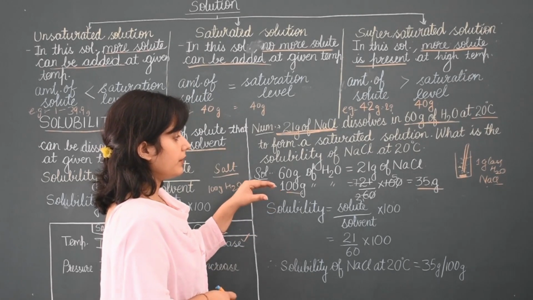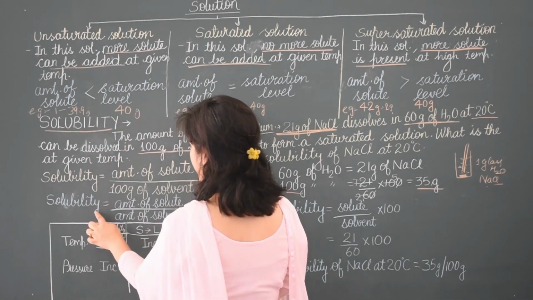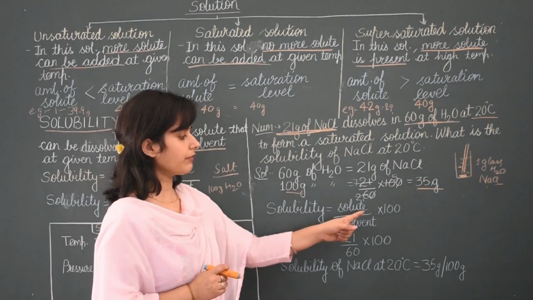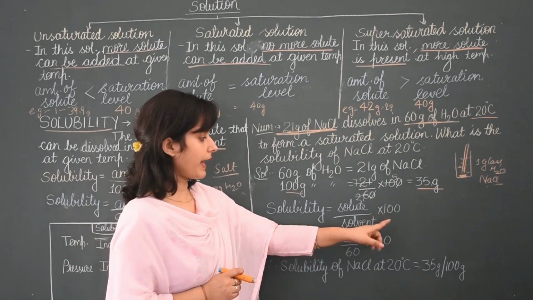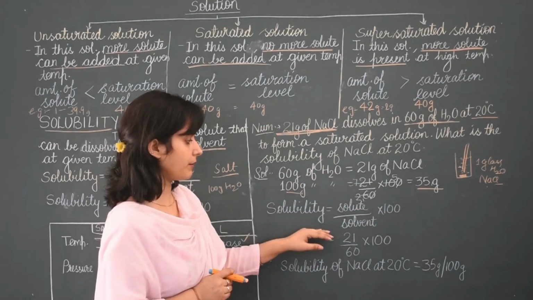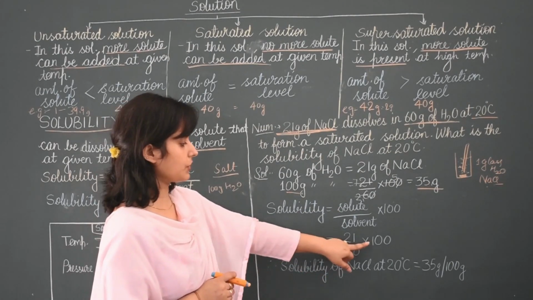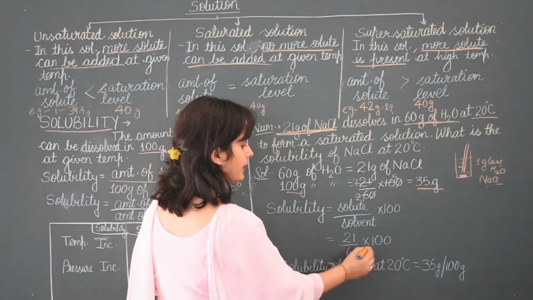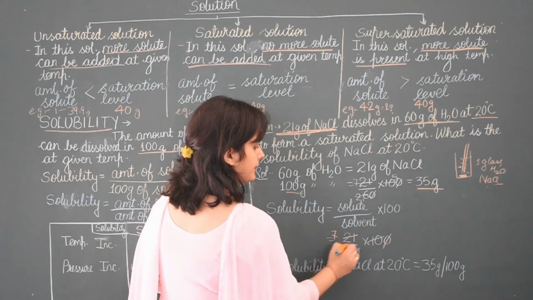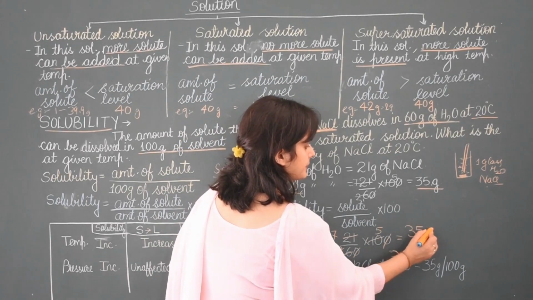Now, if you do not want to do it like this, you can apply the second formula. Solubility is equal to solute upon solvent into 100. When 100 gram of solvent is not given, then you can apply this. Solute is 21, solvent is 60, into 100, and when you calculate this, it again comes to 35 grams.